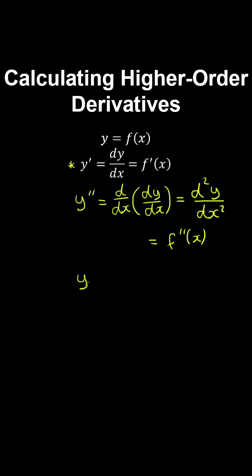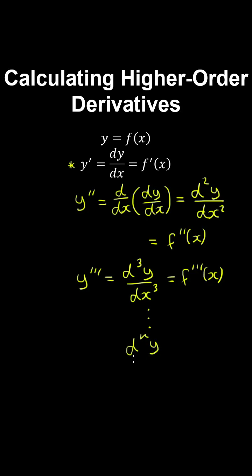And similarly, the third derivative can be written in the same way using these different notations. And in general, if we keep differentiating our function, assuming the derivatives exist, we can write the following notations for the derivative. So the nth derivative of y with respect to x is equal to f^n of x, where we differentiate the function n times.